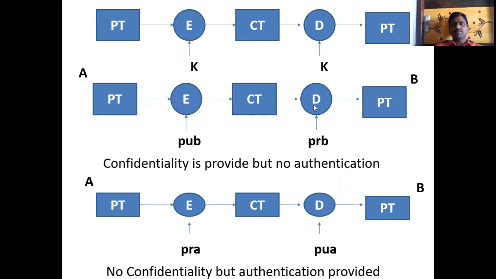Then you are performing the decryption with a private key, and you are getting the plain text. You can observe here it is mentioned as PUB and PRB. I told you, you can use the pair of either the sender or the receiver. Here we are using the pair of B.